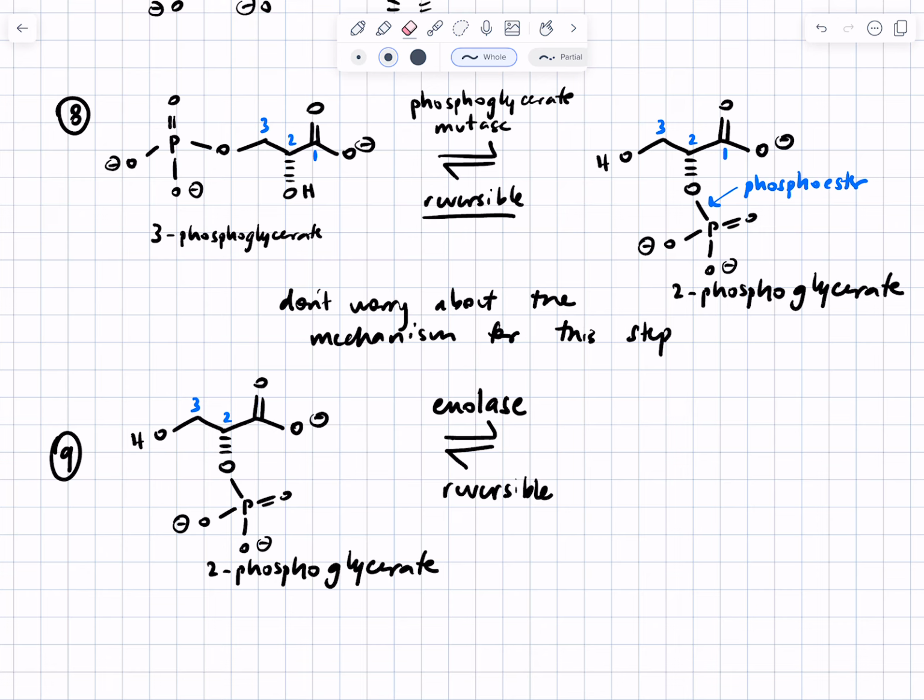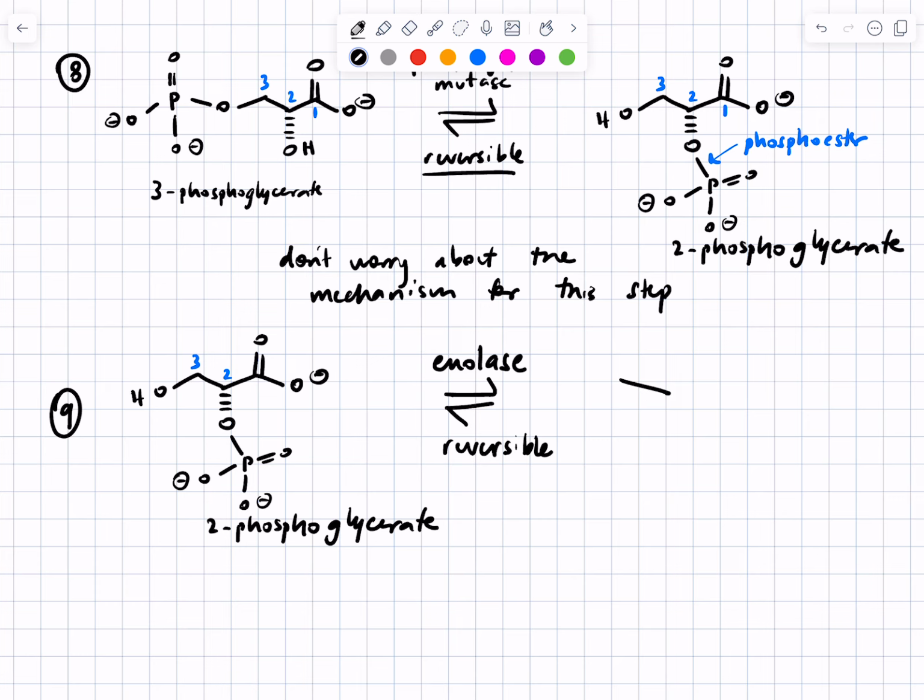It suggests something about making an enol kind of thing. Okay, good. I'll show you the product. The product now has a pi bond between C2 and C3. It still has the phosphate group on C2, but we're missing the C3 hydroxyl group. This is basically a dehydration reaction.